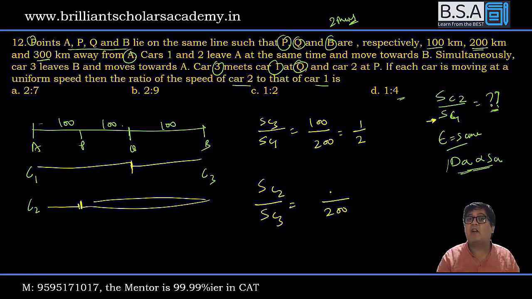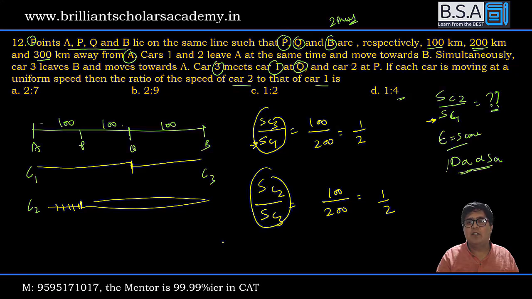How much has car 2 traveled? 100 kilometers. What is the ratio? 1 by 2. Now please observe, in ratios we have seen, the denominator is car 1 and the numerator is car 2. Multiply both. Speed of car 3 upon speed of car 1 is the first ratio, 1 by 2, multiplied with speed of car 2 upon speed of car 3, again 1 by 2. So car 3 cancelled. Your answer is 1 by 4.